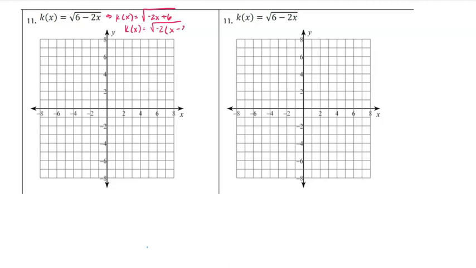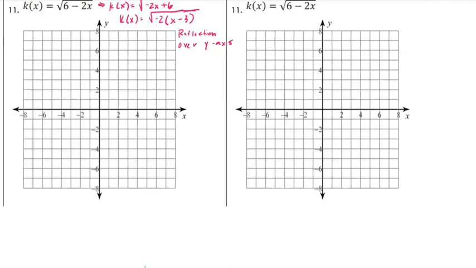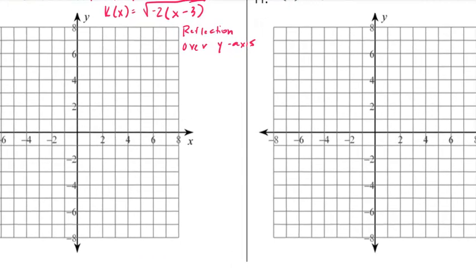And that's an x minus 3. So we can see the translation. So we know that it is a reflection over the y-axis, which tells us that we need to take those x's and multiply it by -1.